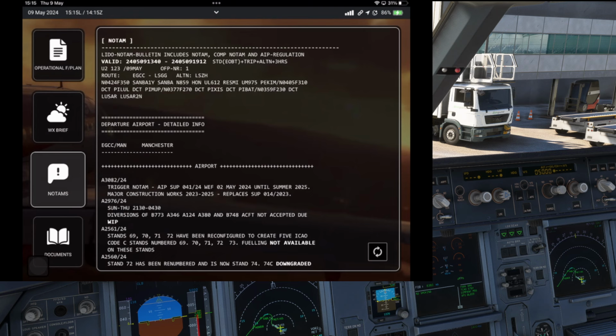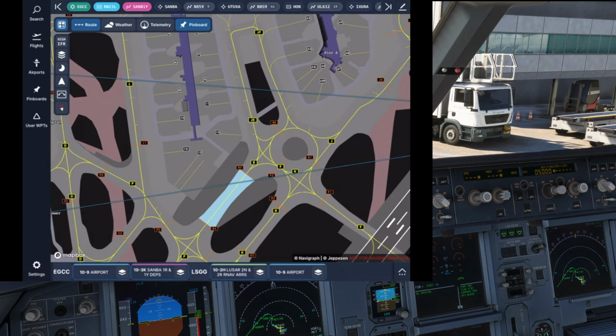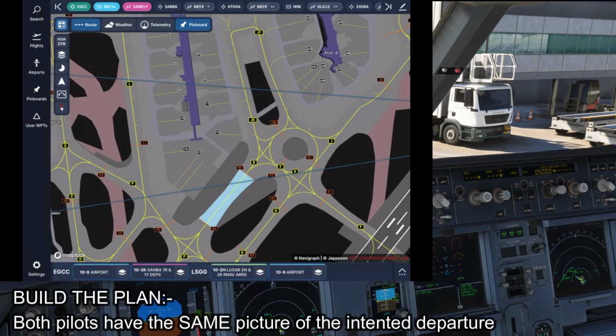We've got nice weather today, it's not raining, so there's no contamination on the runways or taxiways, etc. That's all fine. Alright, so let's build up the plan so that the pilot, myself, and whoever would be sat next to you in the real world have the same mental model of what's going to happen for the departure.